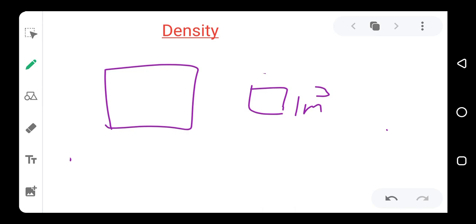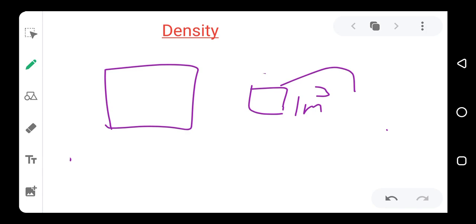Then we take this 1 meter cube of the substance to an instrument that we use to measure the mass. Whatever the mass gives us becomes the density of the substance.